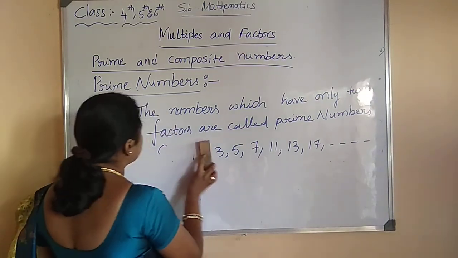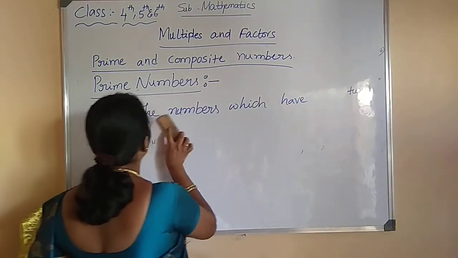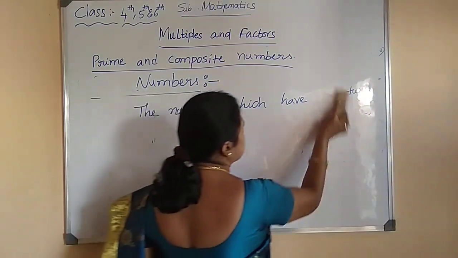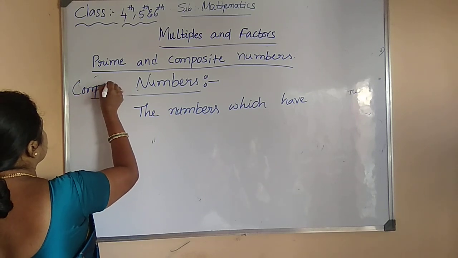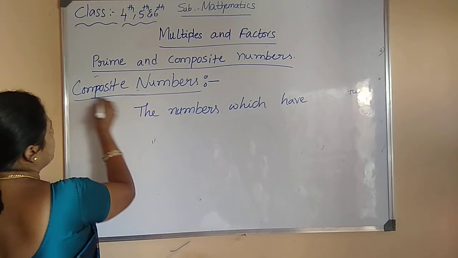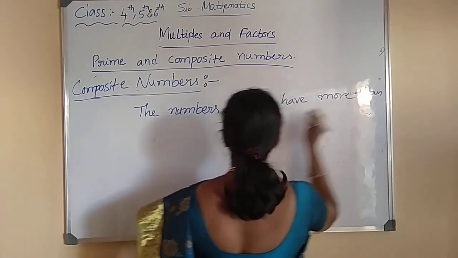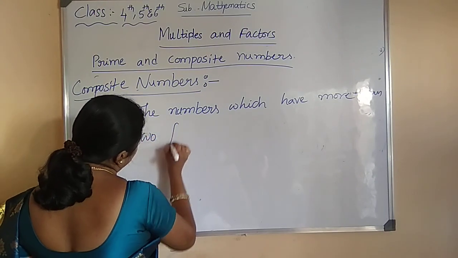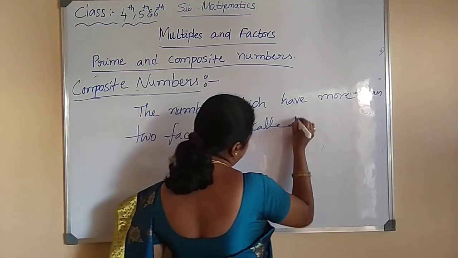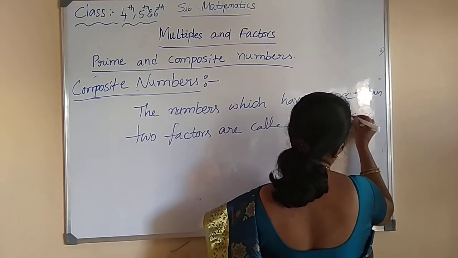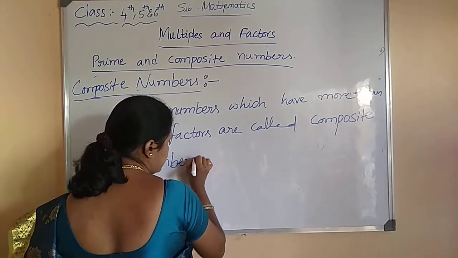And next, composite numbers. The numbers which have more than 2 factors are called composite numbers.